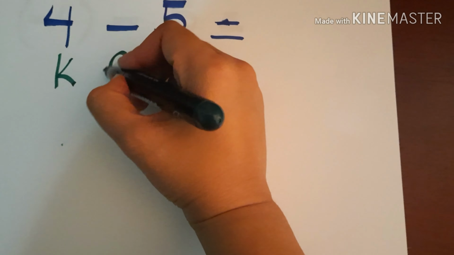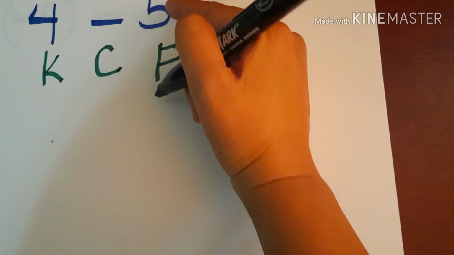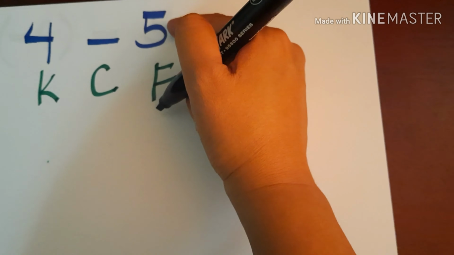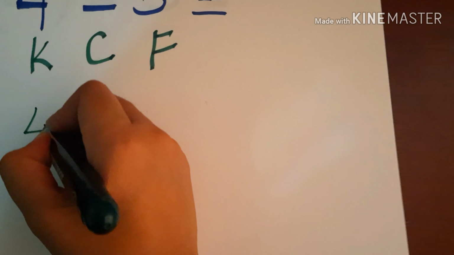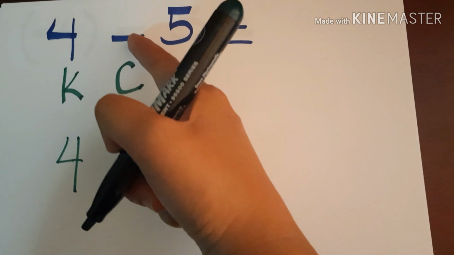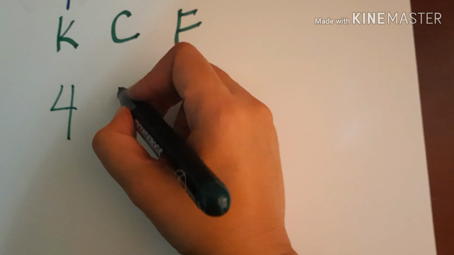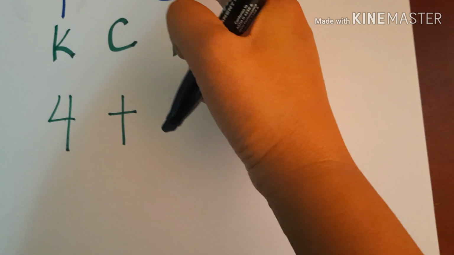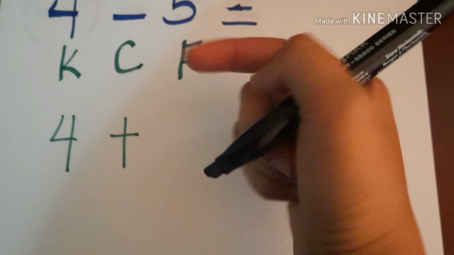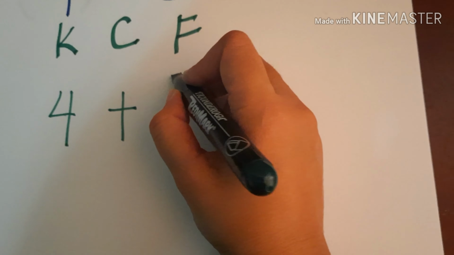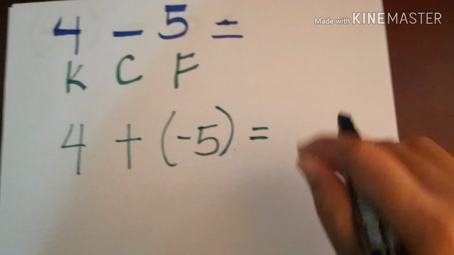We change the operation sign, and then we flip the second term here. So we keep +4. So I'm going to write 4 here. We change the operation sign. So from subtraction sign, it will now become addition sign. +5. So what's the flip of +5? The flip is just the opposite. That would be -5.